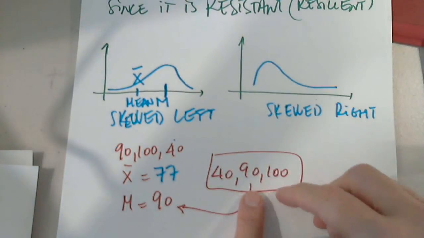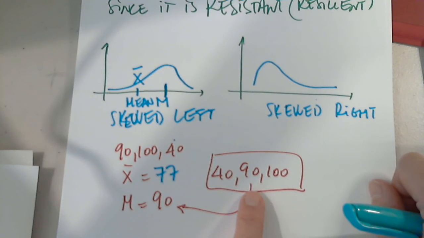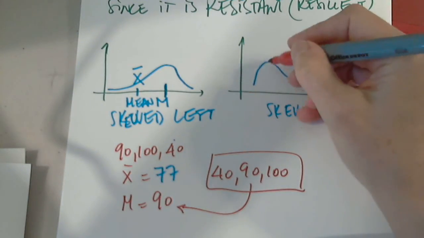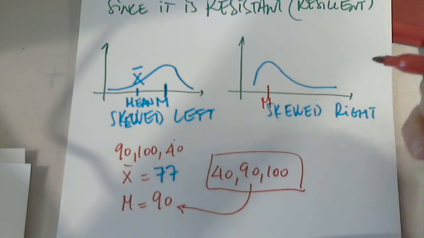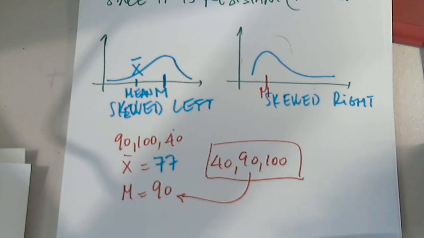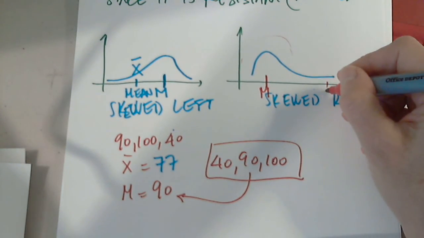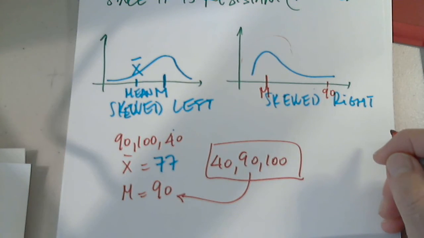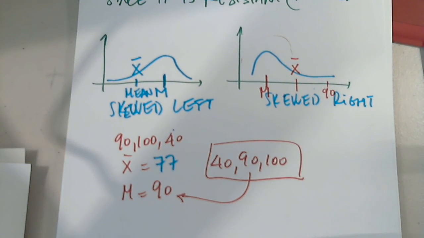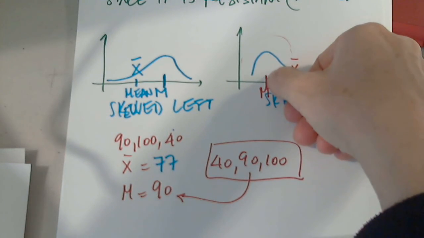I can still say that most of my grades are good, because they are. Same thing with skew to the right. So this will be the median, still where the bulk of the scores are. But if I get a 90%, then the mean will be higher than the median.